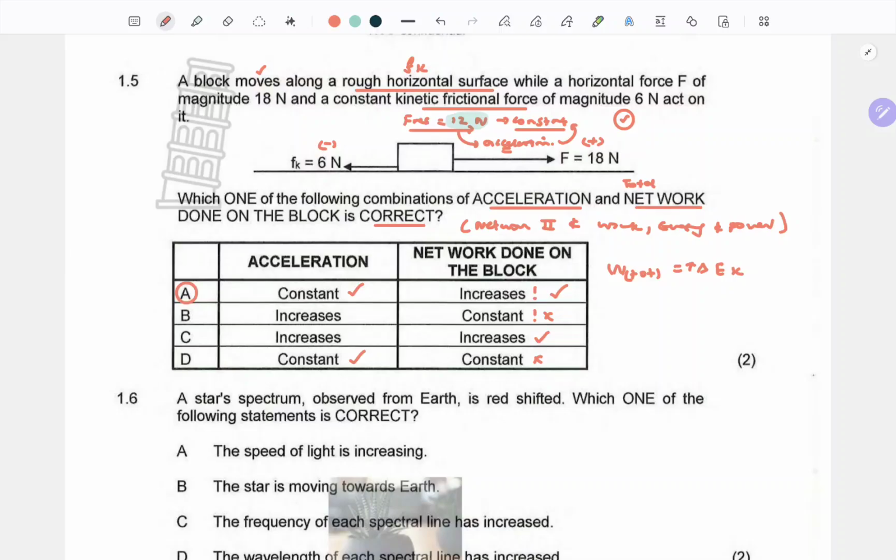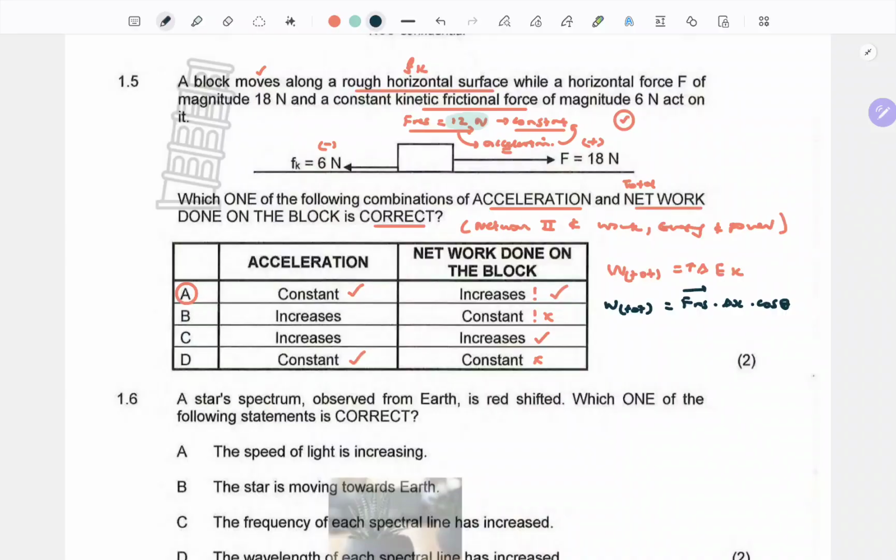As you can see, guys, these questions are technical in nature. Another student may decide to look at this differently and say the work done would be equal to the resultant force times the displacement times the cos of theta. Now, we know that the resultant force will be constant since, as long as the 18 Newton force acts against a frictional force of 6 newtons on a horizontal surface, this is always going to be the case.